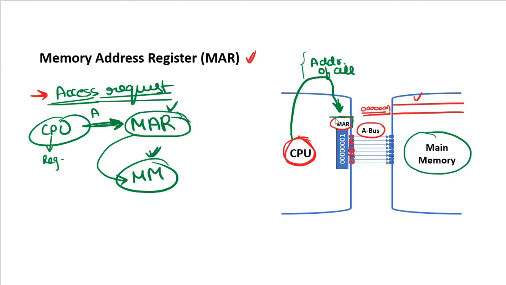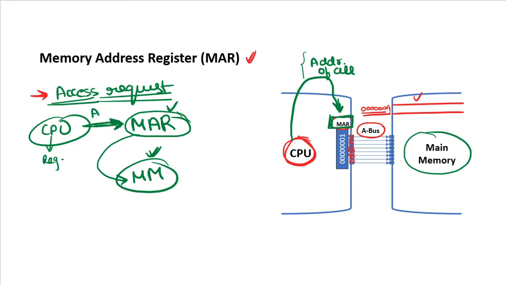So the memory address register here is nothing but an intermediate register whose task is just to get the address and send what it gets. I think this is clear.